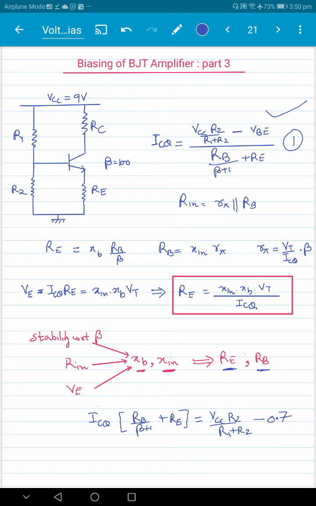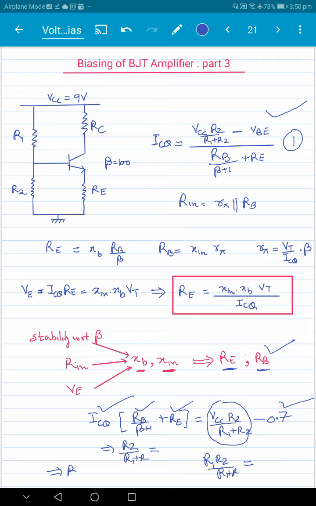Note that we know ICQ, we know Rb, we know Re, we know 0.7. So you'll end up getting R2 by R1 plus R2. You'll get this value. And we already have determined Rb. Rb is R1 R2 by R1 plus R2, right?